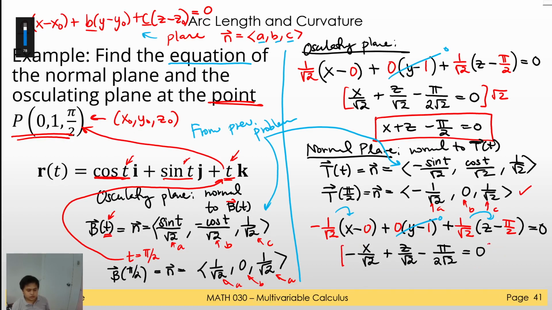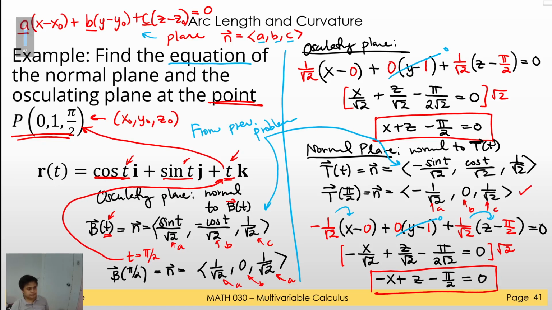Since this is a common denominator of these three terms, we can just multiply this by square root of 2, so that this will vanish, multiplying 0 to square root of 2. This will be negative x plus z minus pi over 2 is equal to 0. Okay. So that's it. This will be your equation of your normal plane.